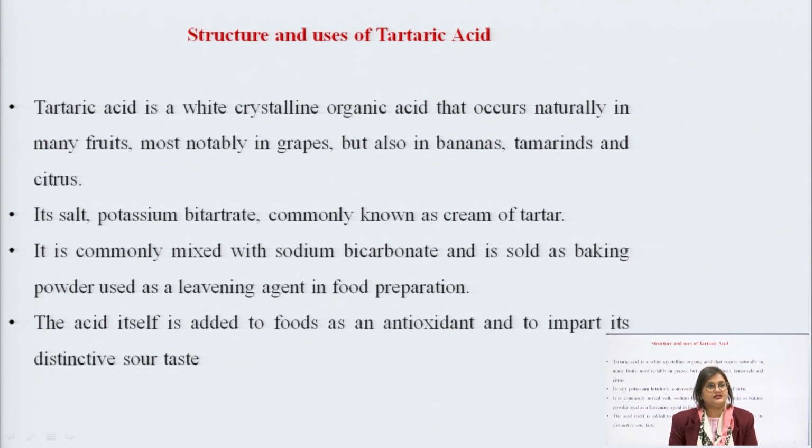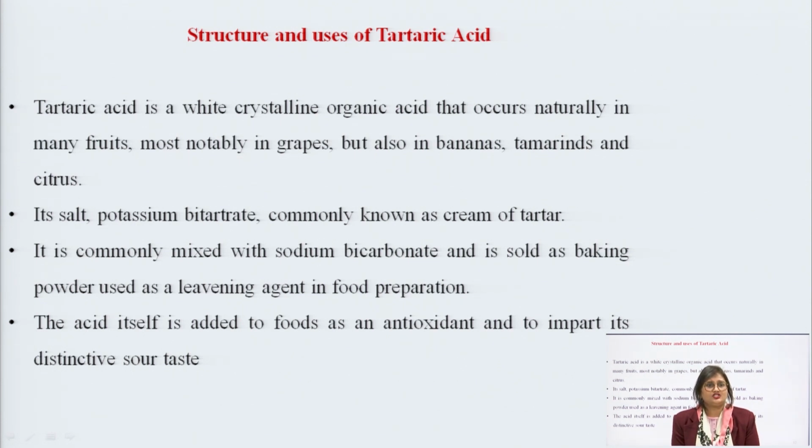Tartaric acid is a white crystalline organic acid that occurs naturally in many fruits, most notably in grapes. It is also found in bananas, tamarinds and citrus fruits. Its salt, potassium bitartrate, is commonly known as cream of tartar.